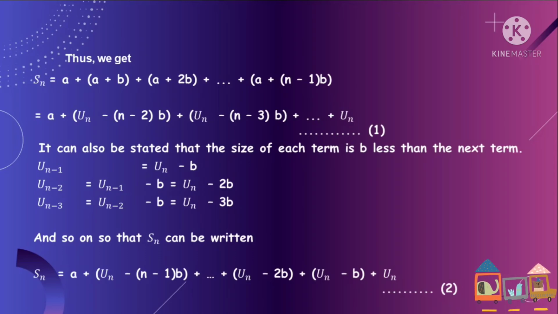And so on, so that Sₙ can be written as Sₙ equals a plus (uₙ minus (n minus 1) times b) plus until plus (uₙ minus 2b) plus (uₙ minus b) plus uₙ.